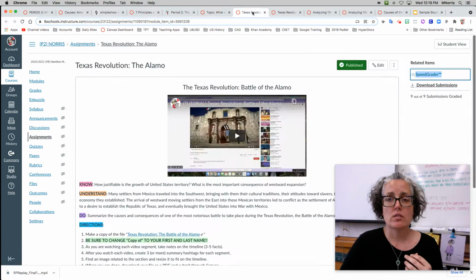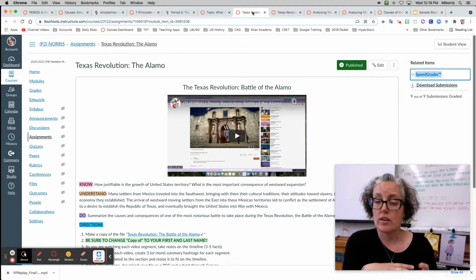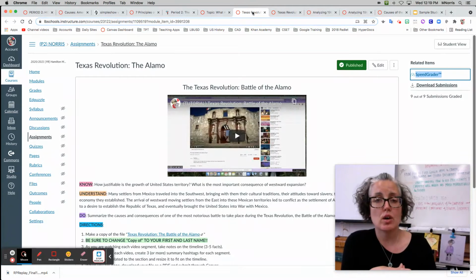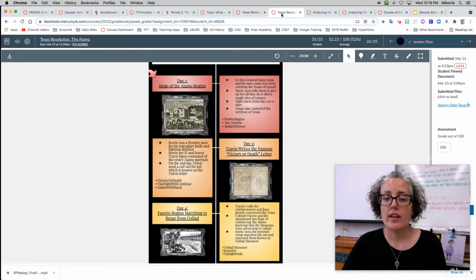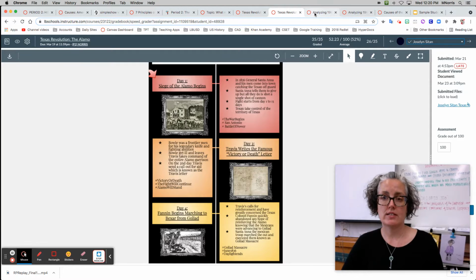We also talked quite a bit about the Texas Revolution and the war with Mexico. We talked about the gold rush. We had a lot of interesting activities tied to the forming of the United States, again, into what we see today.